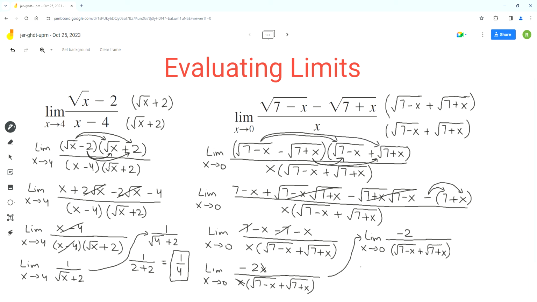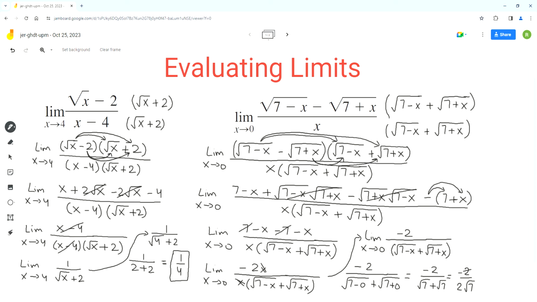So if we do that, we get negative 2 over square root of 7 minus 0 plus square root of 7 plus 0. So we know that 7 minus 0 is equal to 7 and 7 plus 0 is 7. So we get negative 2 over square root 7 plus square root 7, which is equal to negative 2 over 2 square root 7.